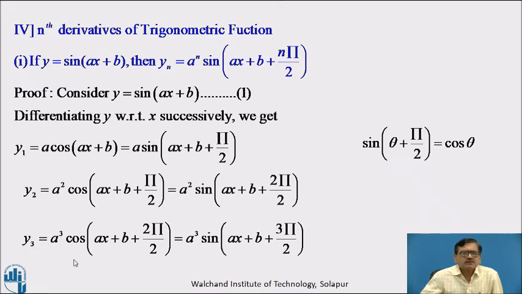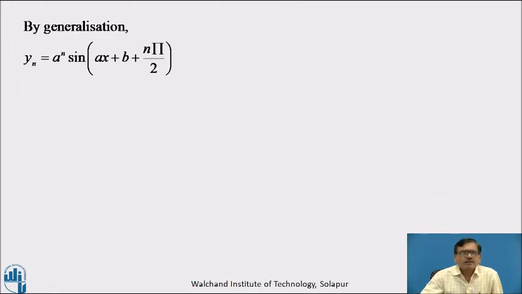Similarly, the third derivative we get is a raised to 3 cos(ax plus b plus 2 pi by 2), which we can write as a cube sin(ax plus b plus 3 pi by 2). Therefore, by generalization, we can write yn equals a raised to n sin(ax plus b plus n pi by 2). This was the nth derivative of sin(ax plus b).